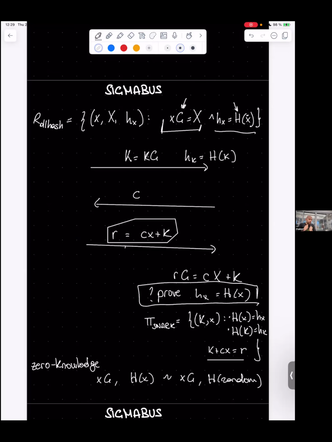In a way, I need to prove that the hash is not really based on discrete log assumptions, but morally, we can assume that it works for any reasonable choice of hash function and groups.